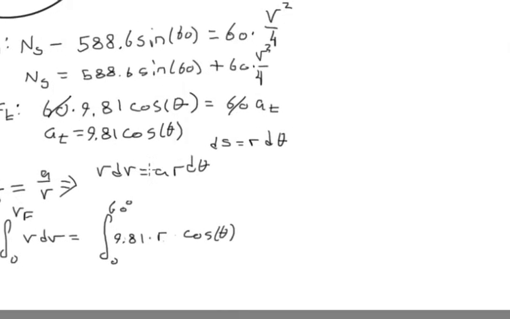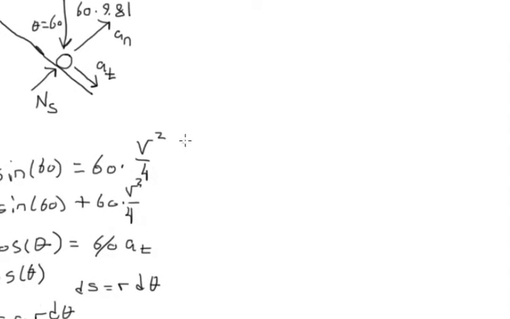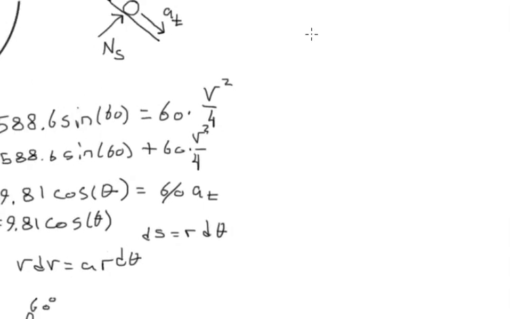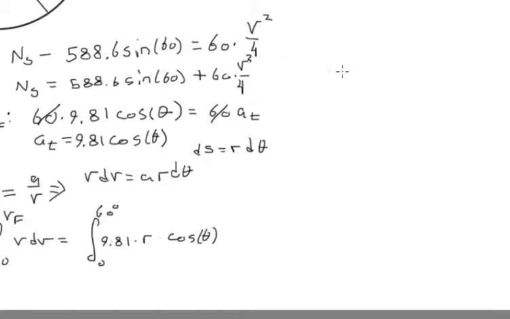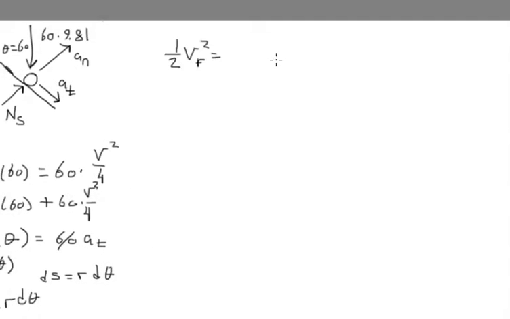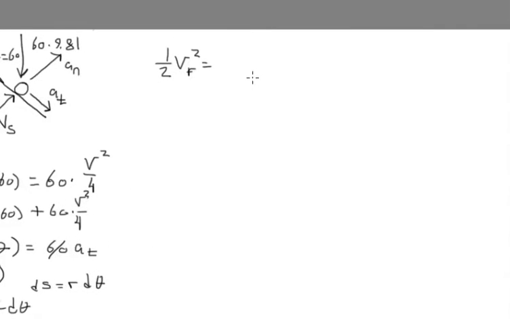Moving over here, 1/2 v final squared equals the integral of the cosine, which is the sine, so you're going to have 9.81 times 4, 39.24 times the sine of theta, integrated from 0 degrees as the initial limit to 60 degrees as the final limit.